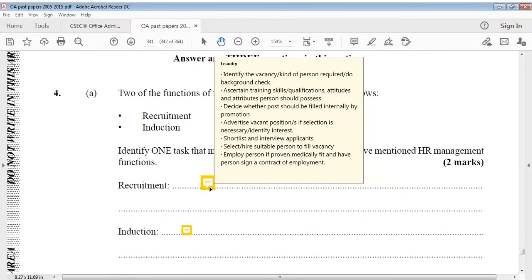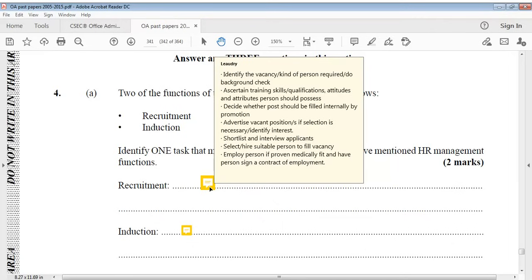recruitment. What are some of the functions? 1. Identify the vacancy or kind of person required. Do background check. 2. Ascertain skills or qualifications, attitudes, and attributes the person should possess. 3.